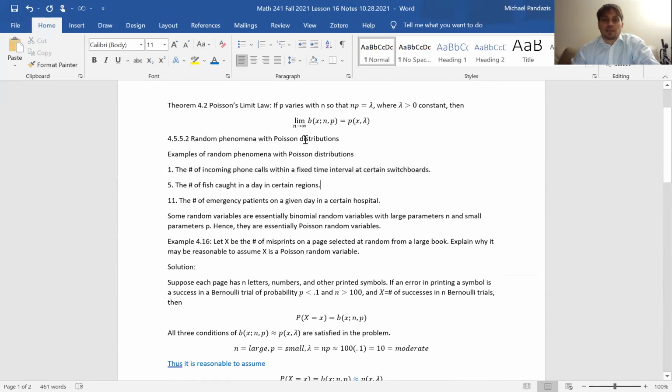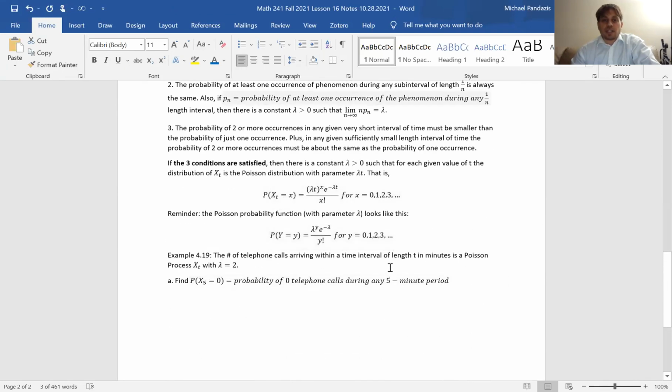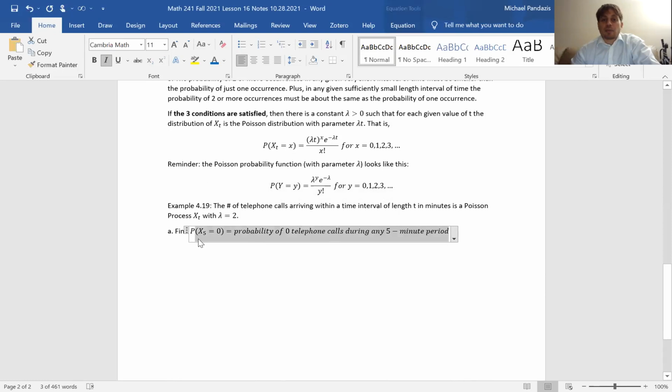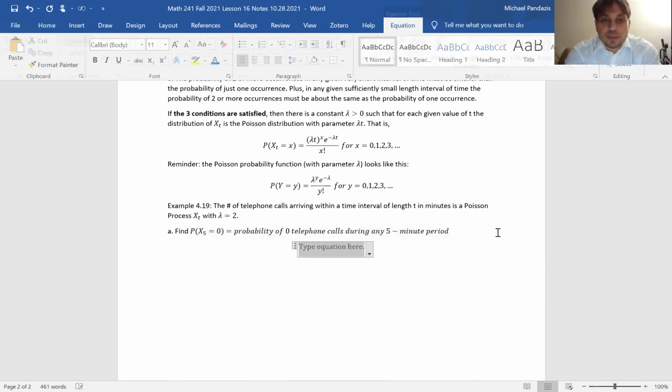So this is an example of a Poisson distribution. So using that example from earlier, we have a Poisson distribution, and so this probability we can calculate using the Poisson probability function.